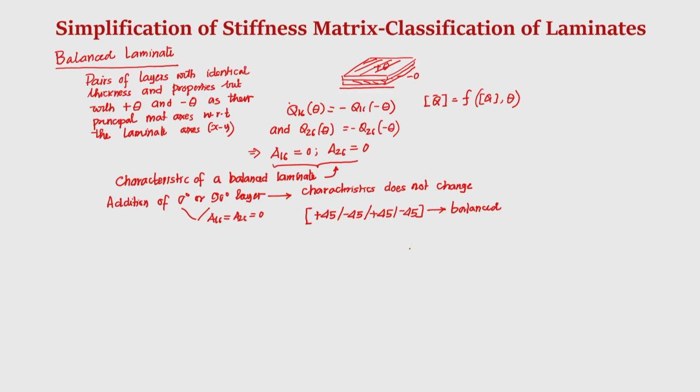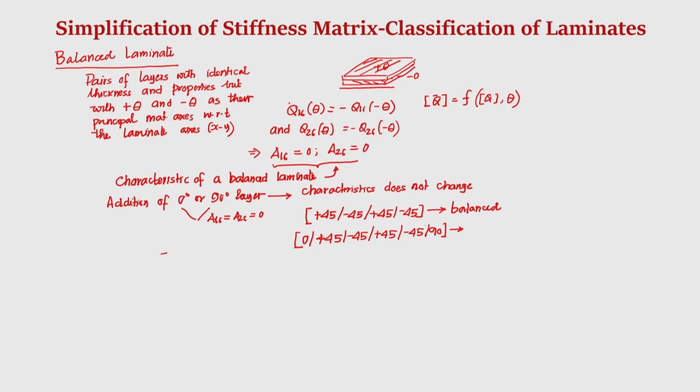Then we can add 0, plus 45, minus 45, plus 45, minus 45, 90. It does not change the characteristics. For these also A16, A26 are 0. Therefore, it could also be considered to be a balanced laminate.